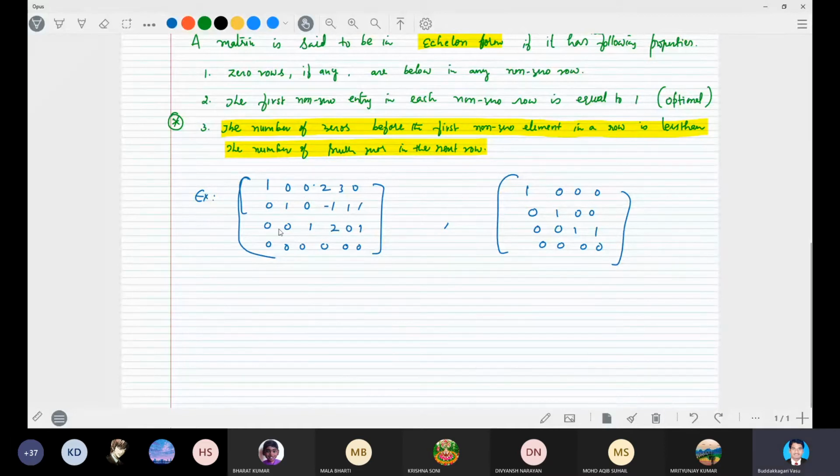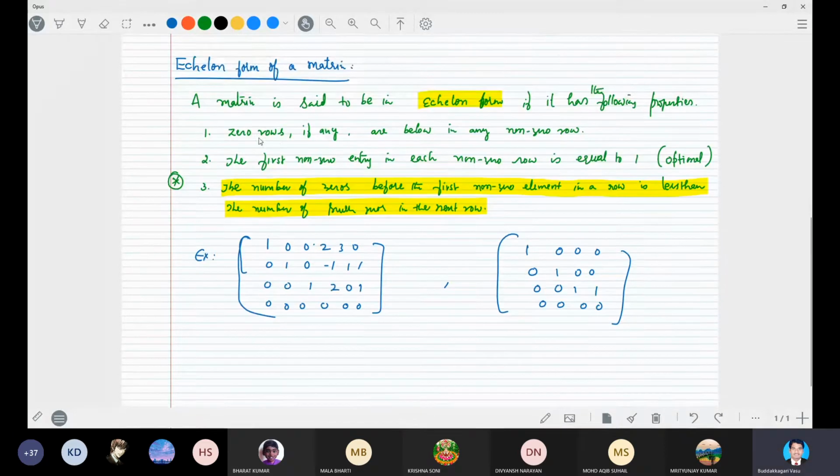So if there is any zero row, here a zero row is there in each matrix, so that zero row is written below the non-zero rows, right? The first property obeys. The second property is optional; you don't need that one. That third one: the number of zeros before the first non-zero element in a row.